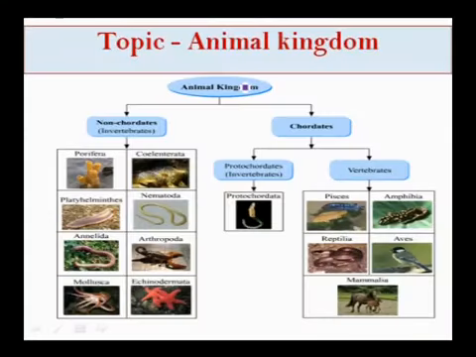The body, as I told you, is made up of many cells, since these are multicellular organisms. When you observe these cells, in some organisms like Porifera, the body is made up of a loose aggregation of cells.